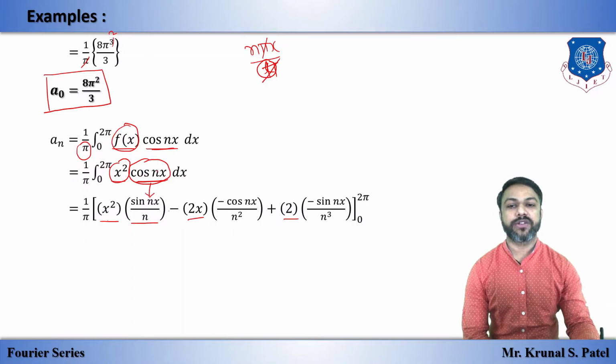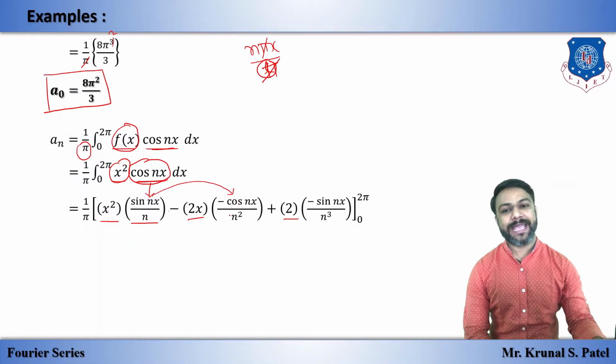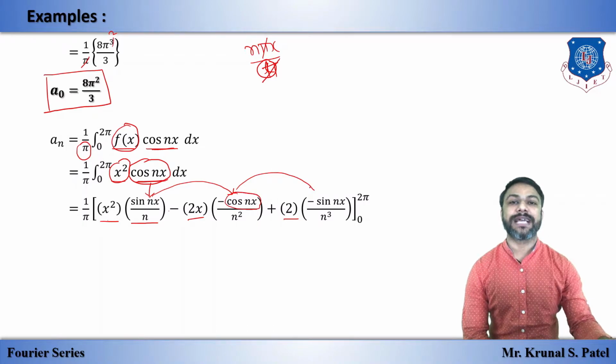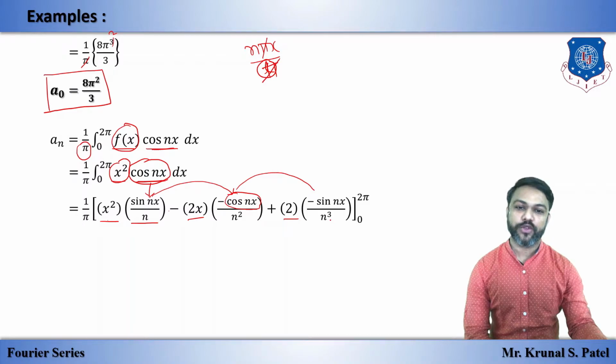And now integration of the second term, integration of cos nx is sin nx by n, again integration of sin is minus cos nx by n, and this n multiplies with n, so n square. Again integration of this term, so minus carried forward in that bracket only, and integration of cos nx is sin nx by n, so n square into n is n cube.